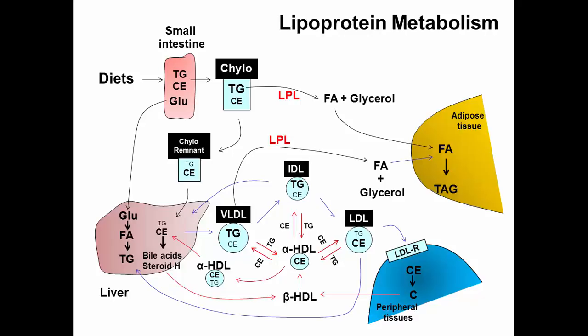Which protein? Yes, CETP. CETP is very important for this lipid exchange in the plasma. So LDL gets more cholesterol-rich, and then it can be picked up by the peripheral tissue and also the liver. The liver is the most important tissue that picks up LDL.